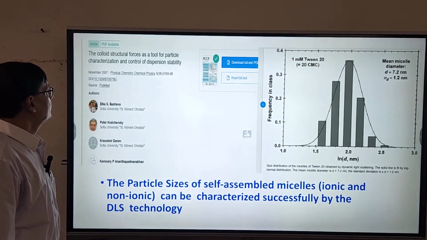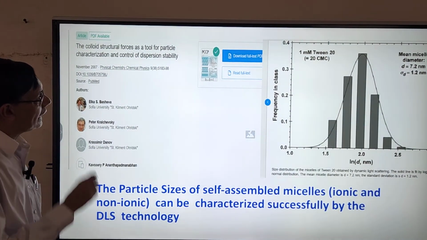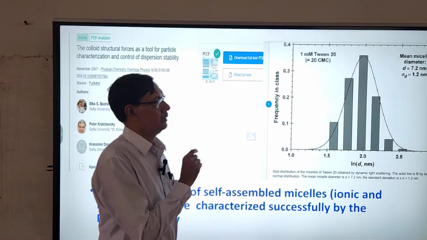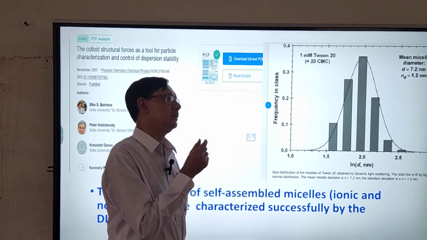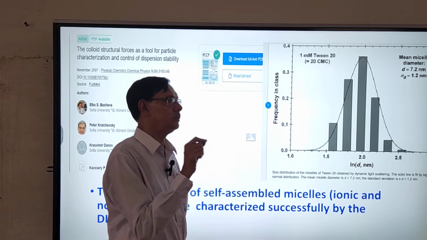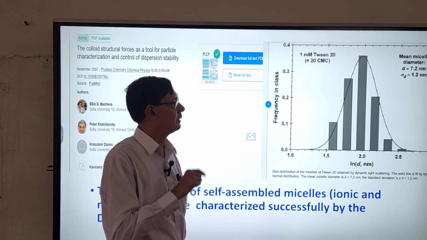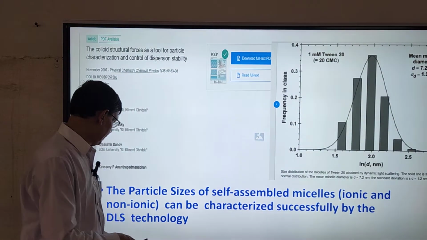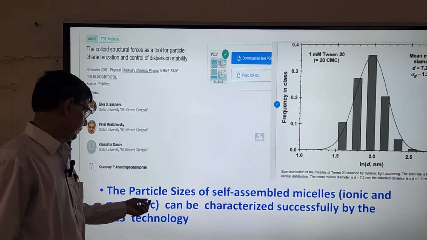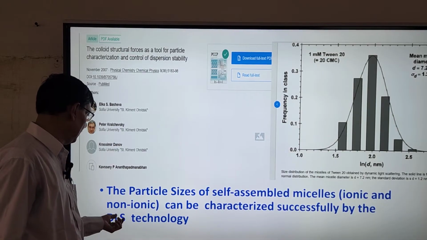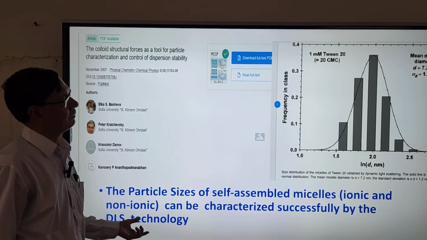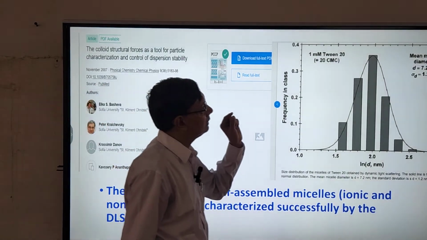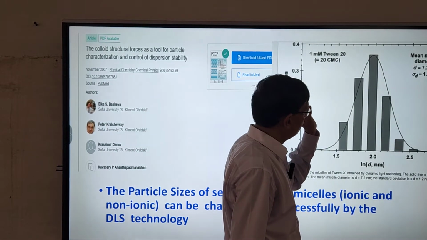Now, you may be surprised that you should know the actual size of the micelle. If you see the literature, it is just like a nanoparticle, 10 nanometer to 100 nanometer. But now with the help of the dynamic light scattering technique, DLS, and zeta sizer, one can calculate the actual micelle diameter.